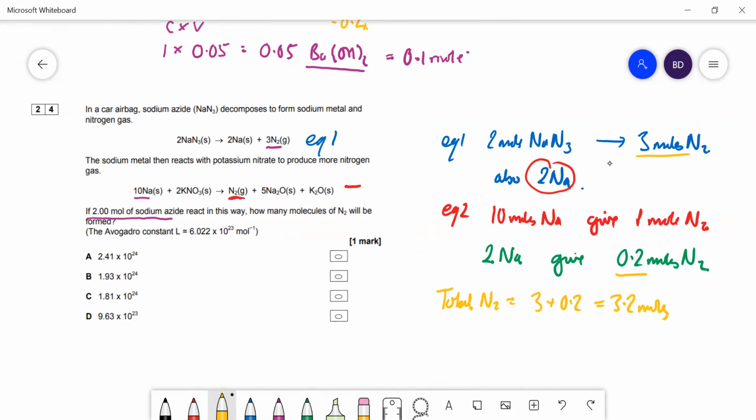But it doesn't ask us for moles, it asks for the number of molecules. 1 mole contains this many molecules, so total molecules is going to be equal to 3.2 multiplied by the Avogadro constant, which is equal to 1.927 times 10 to the 24. The closest one there is that one. That is the answer there. A lot of work for 1 mark there again. Okay, and that is the end of the paper.